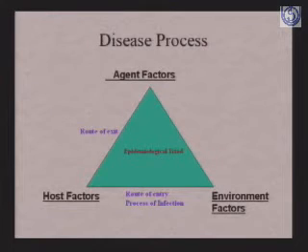For any disease process to occur, there are 3 factors which are interlinked, and these are called the epidemiological triad. The factors are the agent factors, which include the microorganisms, the host factors, which include the human host, and environmental factors. So any disease process that occurs is a result of a complex interaction between these 3 factors.